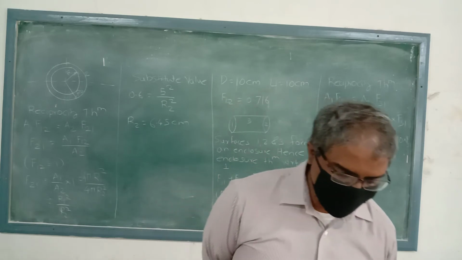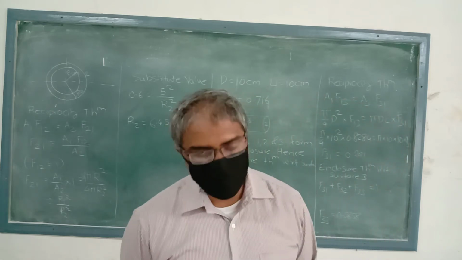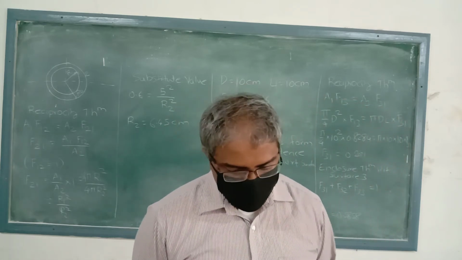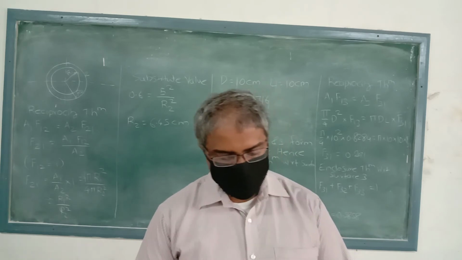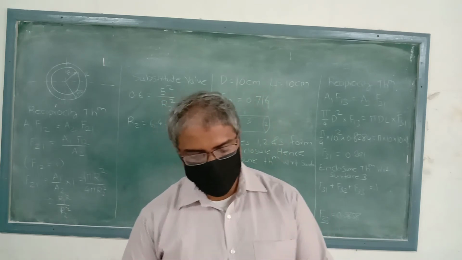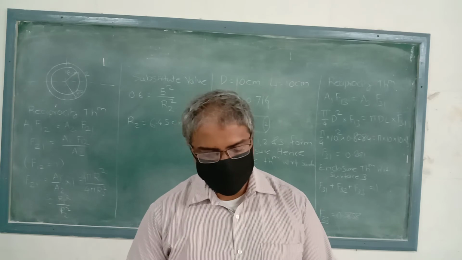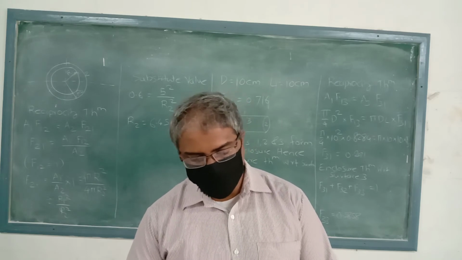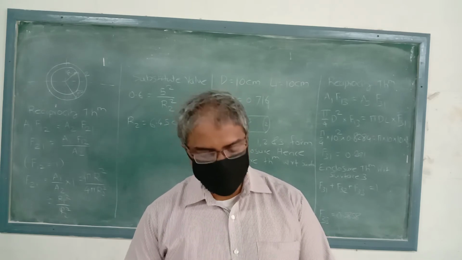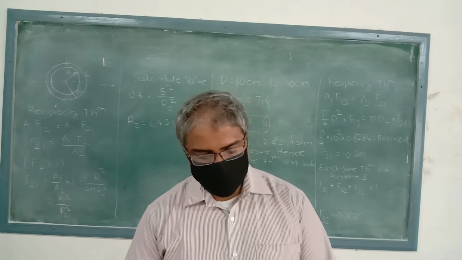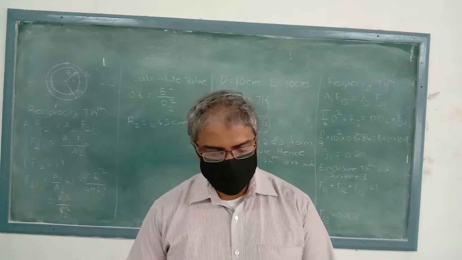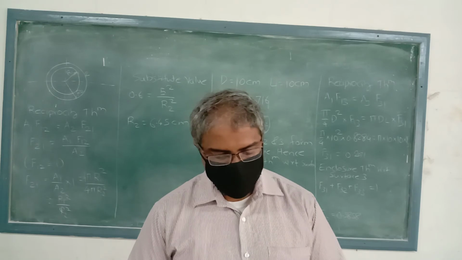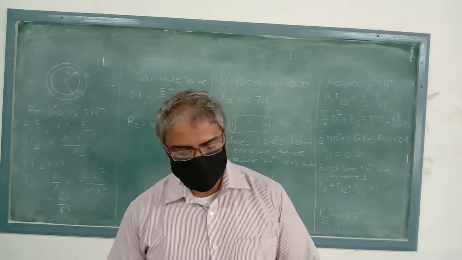So in this shape factor numerical, once again I am repeating: the radiation shape factor of the circular surfaces of a thin hollow cylinder of 10 centimeter diameter and 10 centimeter length is 0.1716.